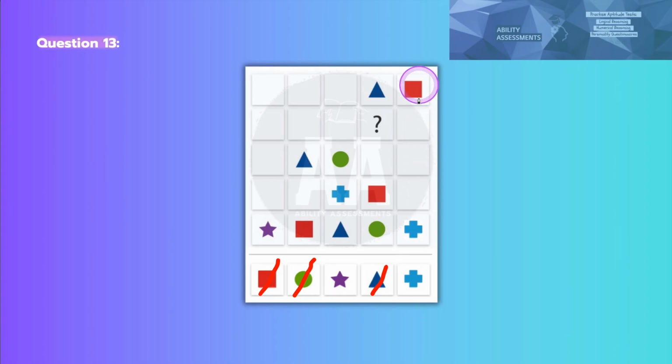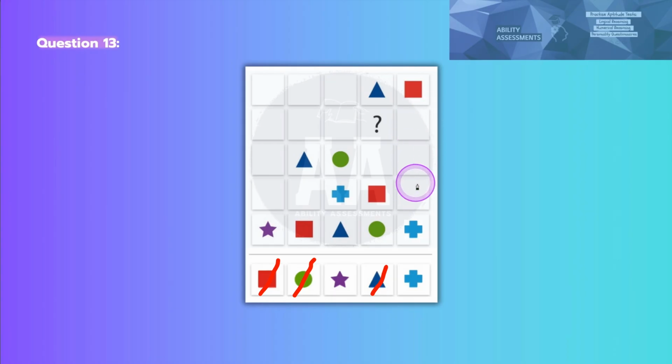We still need to put some shapes around the question mark to help us identify the missing shape. So let's look at this row now. Let's look at this column now. And what we see is we already have 2 shapes in this column, and we are missing the circle, the star, and the triangle. So these three cells, one will be a circle, one will be a star, and one will be a triangle.